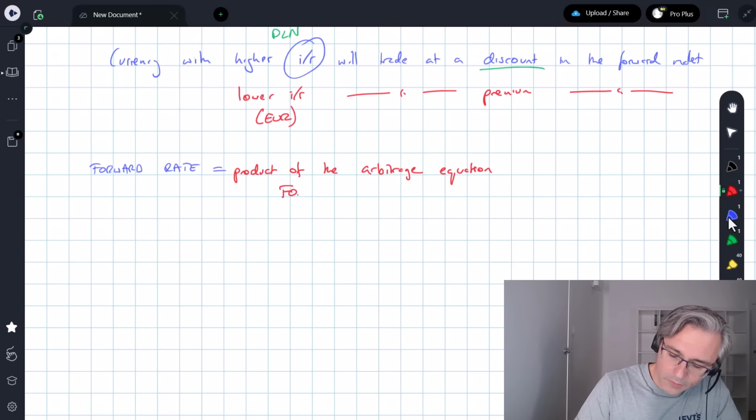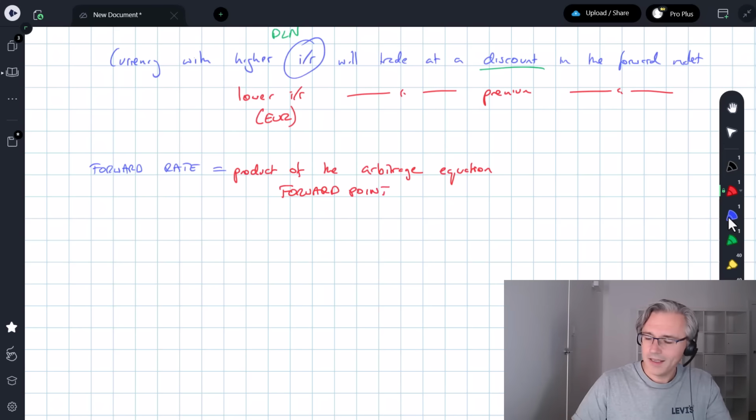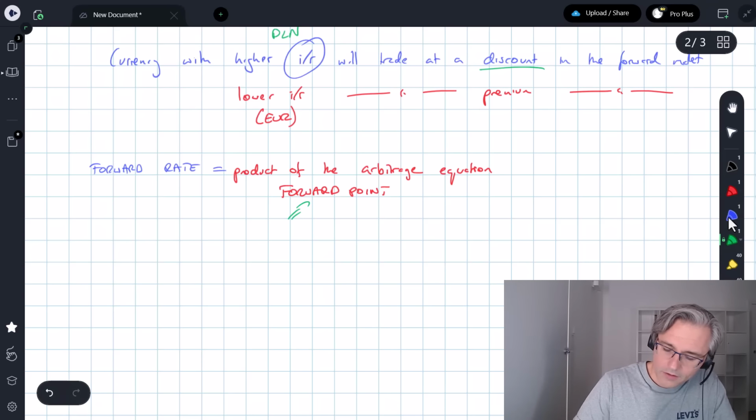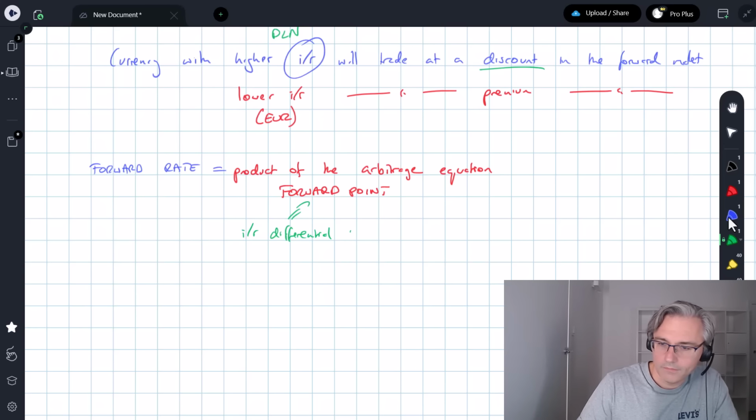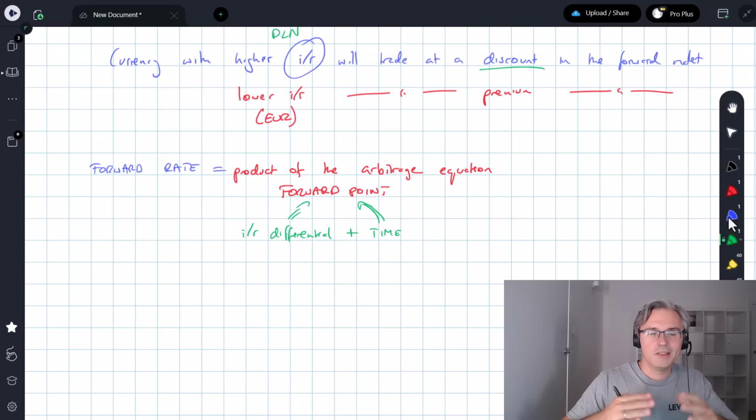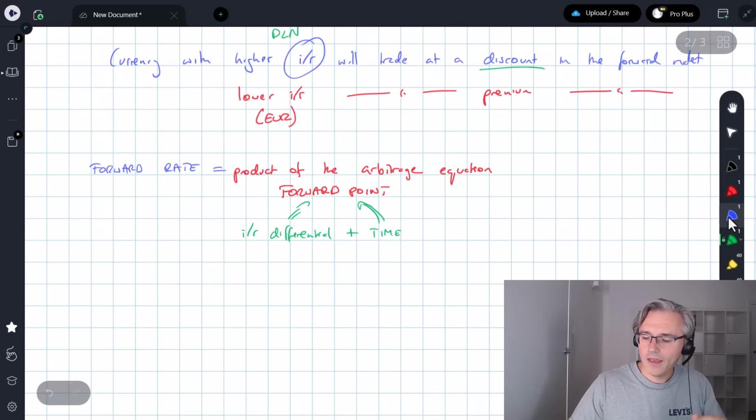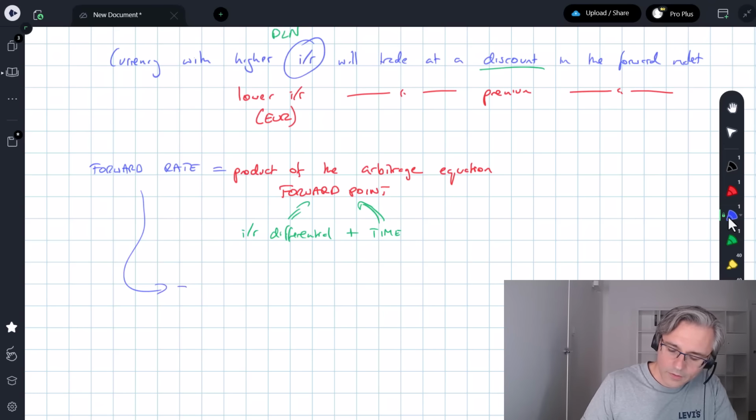So the forward points, that is the difference between the spot rate and the forward rate, are simply a product of the interest rate differential plus time. The longer the time, the bigger that difference becomes. And we really shouldn't interpret this, and your book goes that some people do, and sometimes it's okay, but don't do it, at least in the CFA exam. Don't think that this is the market forecast of where exchange rates will go.